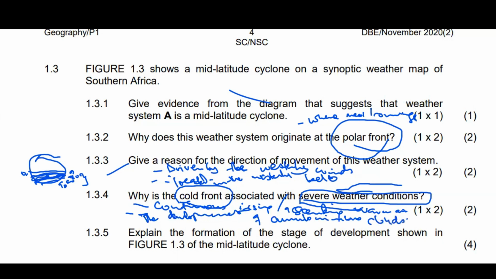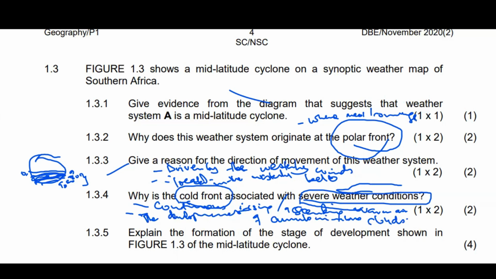If you remember very well in your grade 10, you looked at the cumulonimbus clouds. You mentioned some of the characteristics, like what? That cumulonimbus clouds grow very tall, okay? They develop to greater heights. They are flat-bottomed. They grow wider. They are associated with heavy rainfall and so on and so forth.